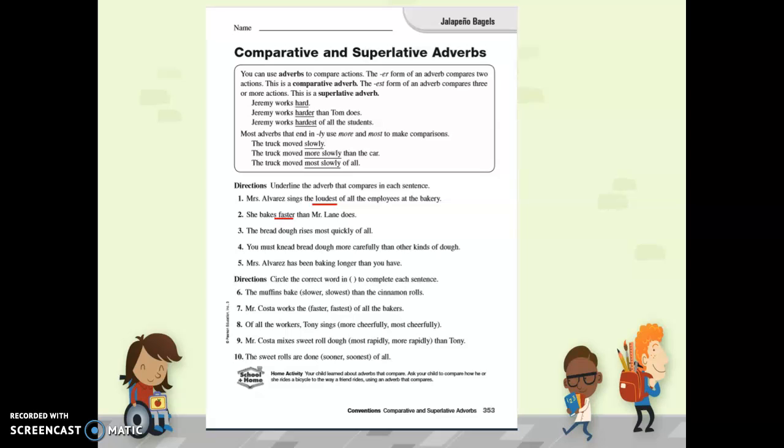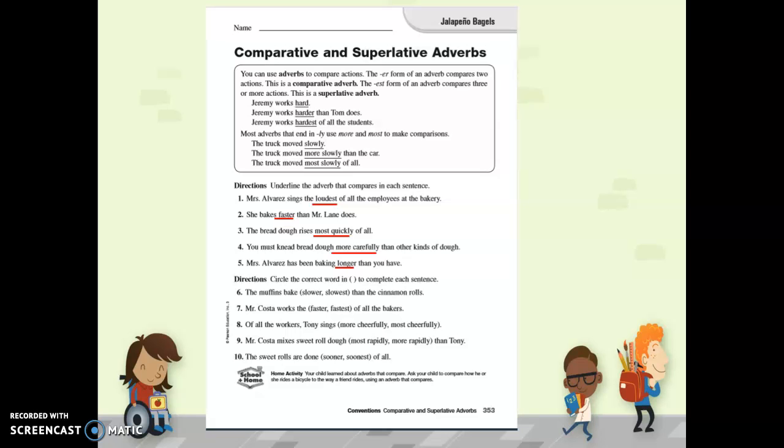Number 3, the bread dough rises most quickly of all. Most quickly. Number 4, you must knead bread dough more carefully than other kinds of dough. More carefully. Number 5, Mrs. Alvarez has been baking longer than you have.